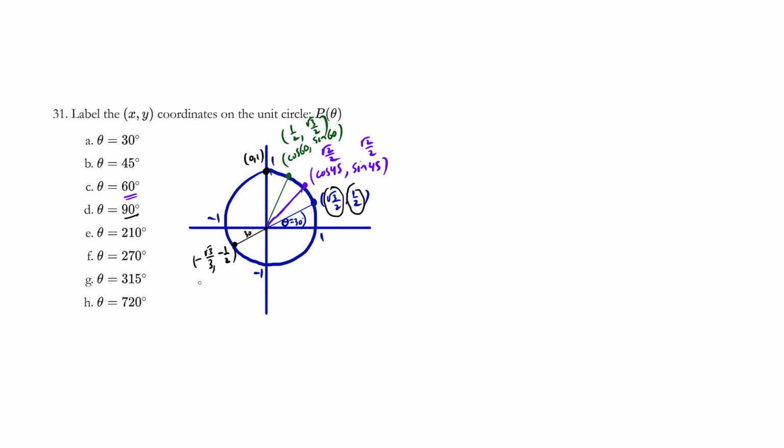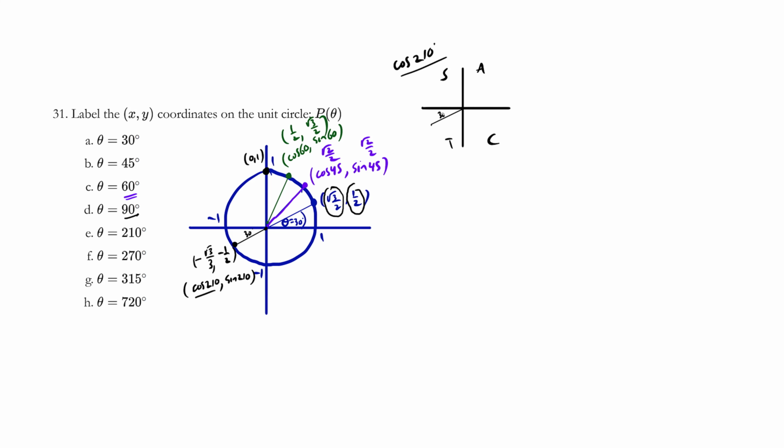Let's just practice and try this out. Let's try cosine of 210 is your x value. And let's try sine of 210, which is your y value. Let's just try this cosine 210 over here. So for practice, what is cosine 210? ASTC, and cosine 210 is here.